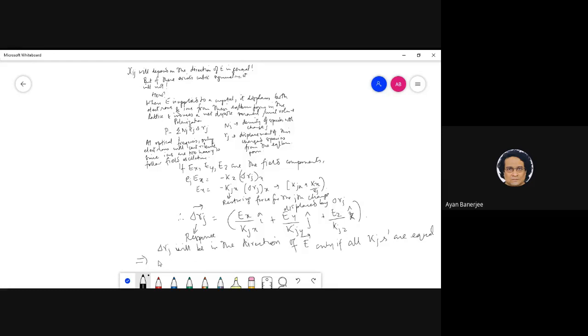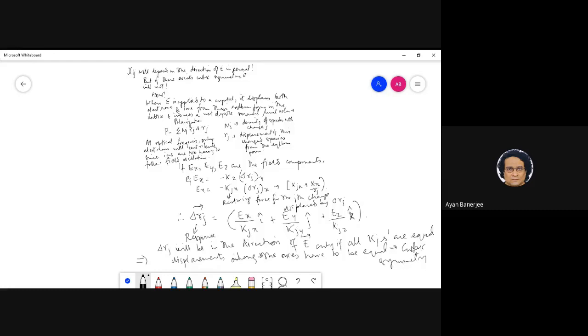Basically that implies that all displacements, or rather, the displacements along all the axes have to be equal, and that essentially will happen only if there is cubic symmetry.